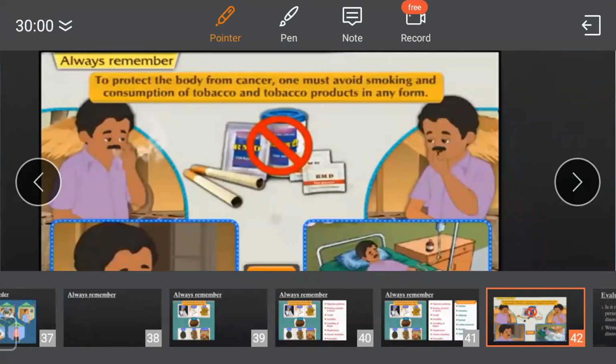Which chapter? What's the chapter name? Heredity and Variation. So, what you will do? You will revise this lesson thoroughly. You have to read the lesson properly. You should learn the objectives from the exam point of view. This chapter is very, very important. Why?